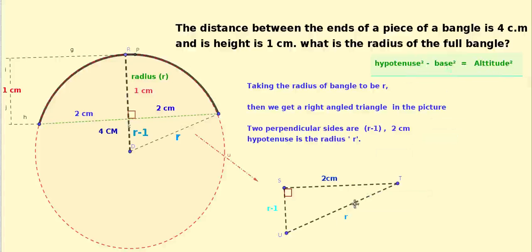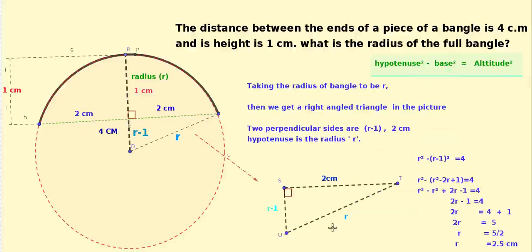Using this relation, we get r square, which is the hypotenuse square, minus r minus 1 whole square, which is the base square. Here the altitude square is 2 square, that is 4.